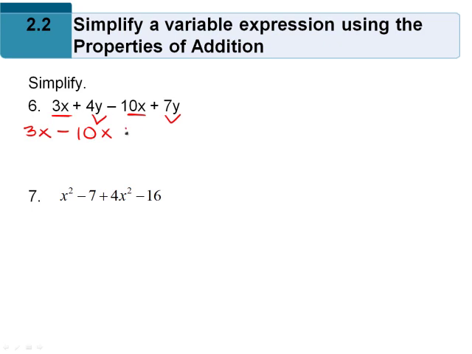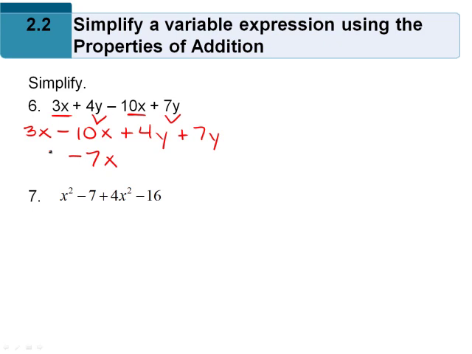Go back and pick up positive 4y and positive 7y. So now, 3 and negative 10, I have to subtract, keep the sign of the larger number, would be negative 7x. Okay? So that all goes back to chapter 1. That's what makes it so hard, is if you're still struggling with your sign rules, this is getting pretty rough.